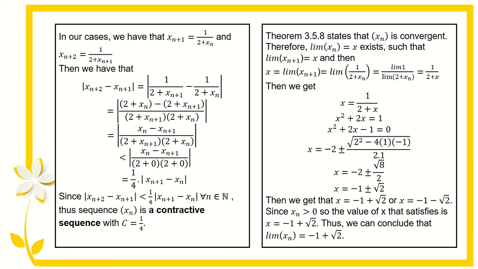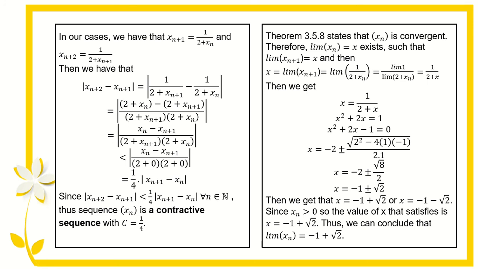In our case, we have that xn plus 1 equal to 1 over 2 plus xn and xn plus 2 equal to 1 over 2 plus xn plus 1. Then we have the equation: the absolute value of xn plus 2 minus xn plus 1 equal to the absolute value of 1 over 2 plus xn plus 1 minus 1 over 2 plus xn.